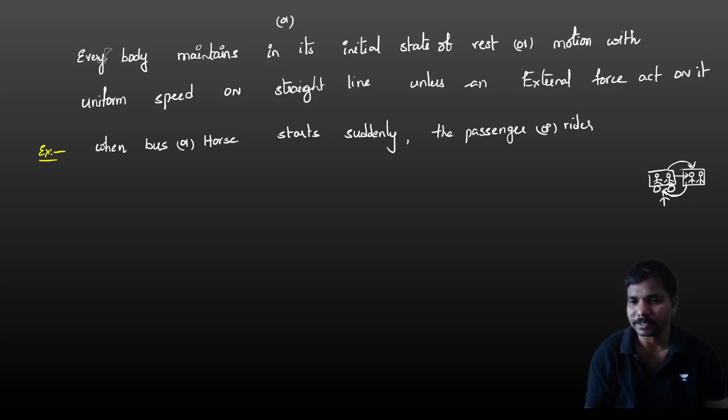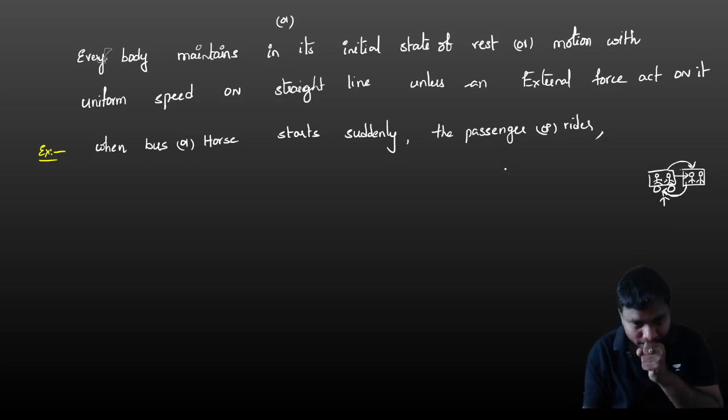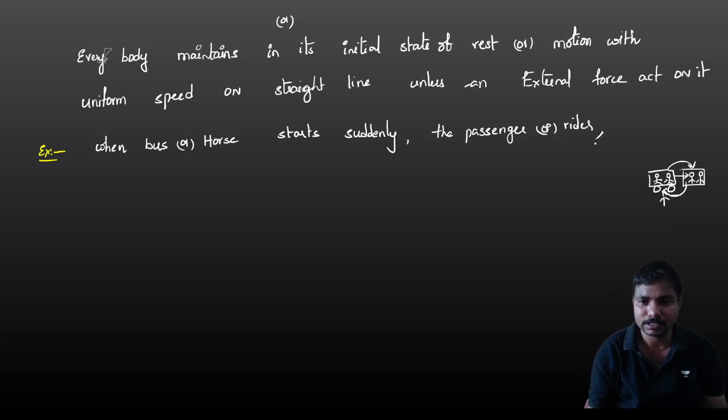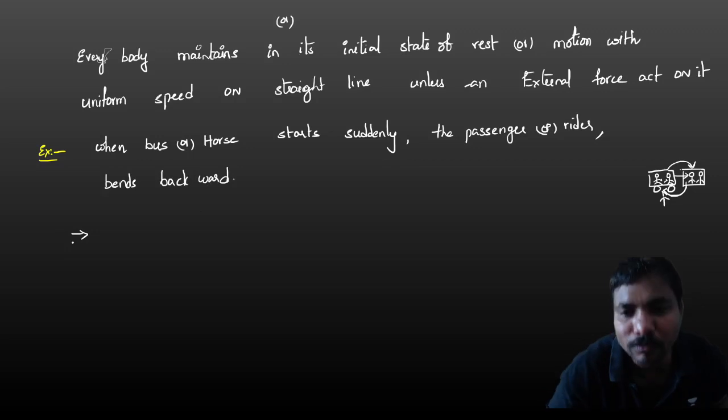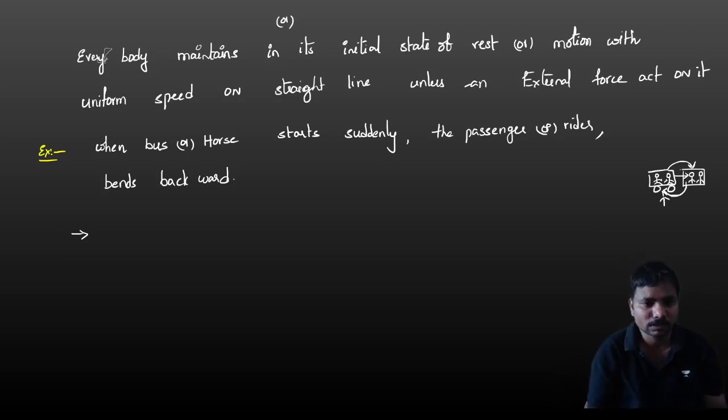So the person bends backward to get his previous position. So whenever a bus or horse starts suddenly, the passenger or rider bends backward. If they brake, then the rider bends forward. We can experience this.